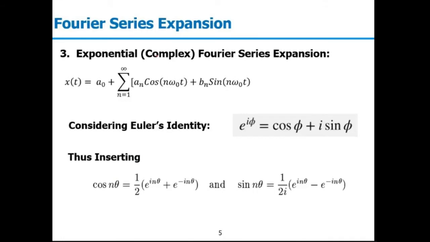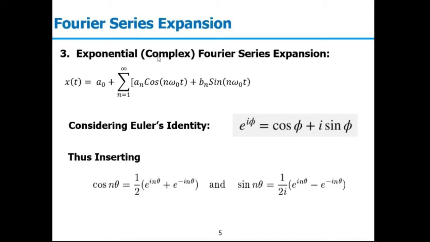The third one is the exponential or complex Fourier series expansion. In this case, we will be representing a given function in terms of the exponential Fourier series expansion. To represent the cosine term in terms of exponentials, we will be using the Euler identity, that is, e power iota theta is nothing but cos theta plus iota sin theta.